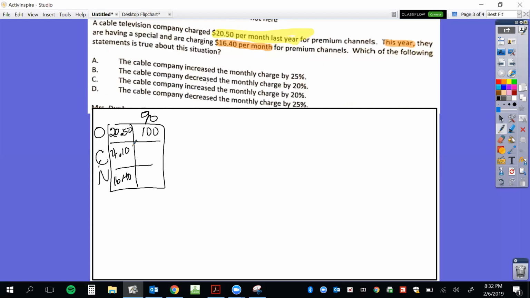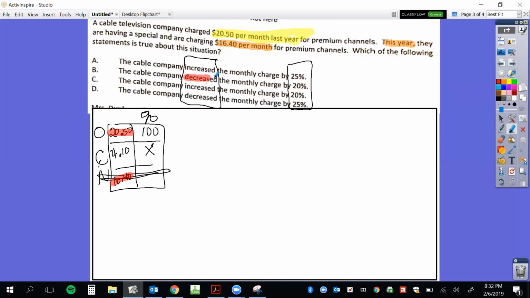Then it says, which of the following is true? Well, you can see it's either an increase or decrease, and it's by a percent. Therefore, it's wanting how much it changed. I don't care about the new. Now, right away, I should be able to eliminate two choices. If I look from $20.50, it went down to $16.40.